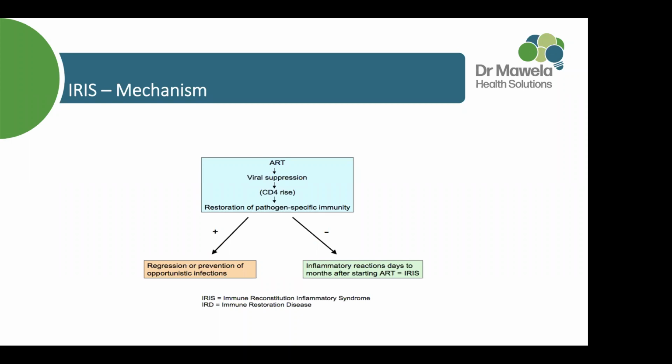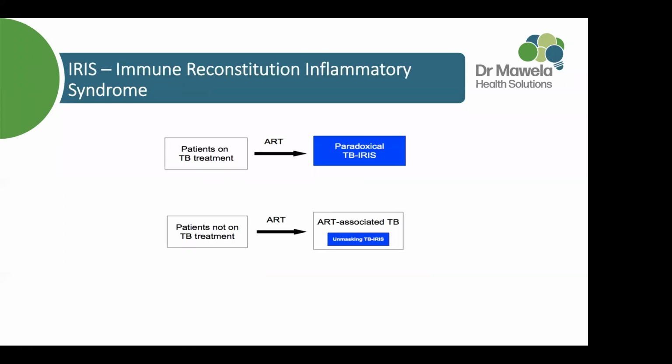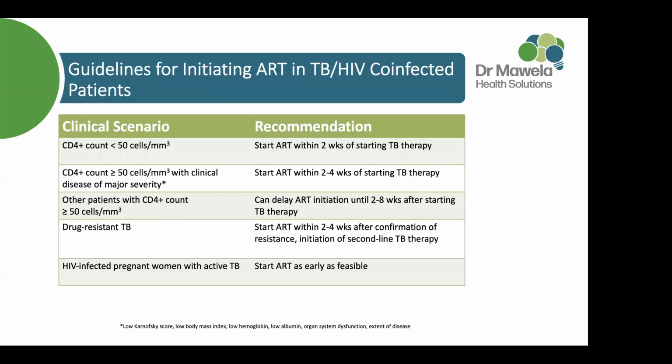We want to treat the opportunistic infection effectively, then start ARVs, and then monitor our patients very closely. So we'll discuss IRIS next week. But in terms of drug-resistant TB, which is what we are discussing, it's always preferred to start ARVs within 2 weeks, especially for those who have low CD4 counts.